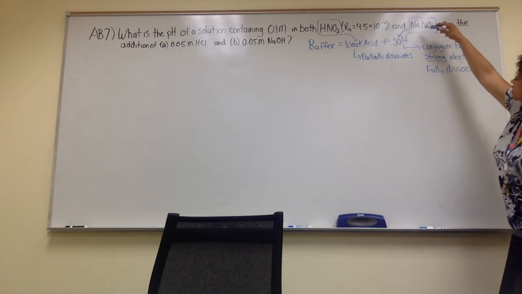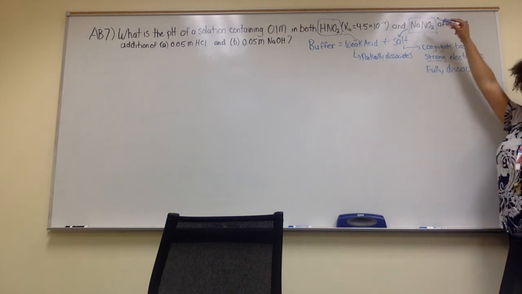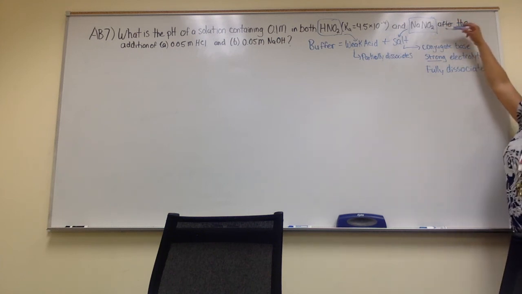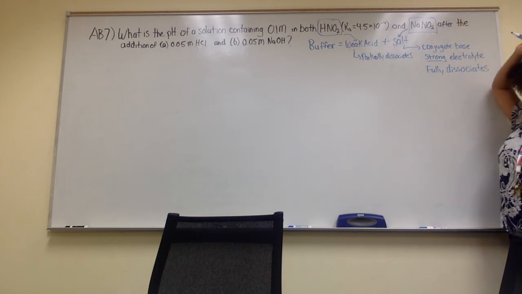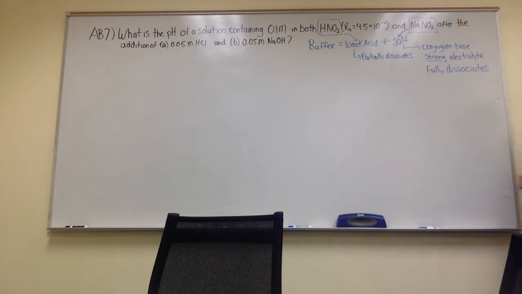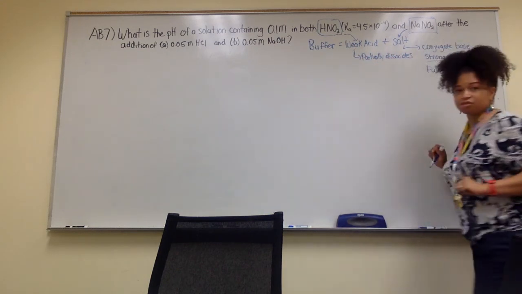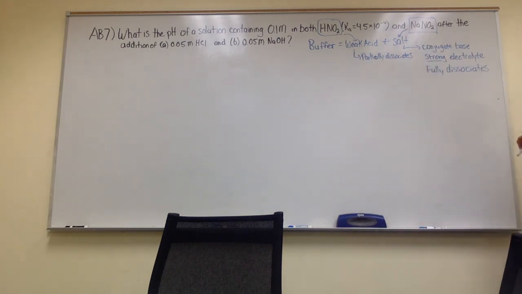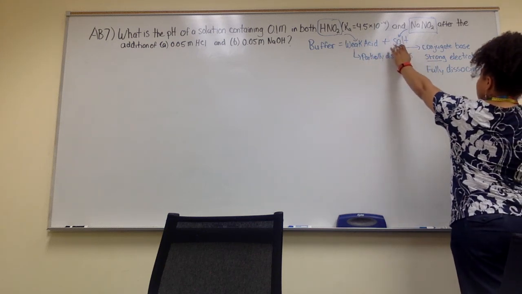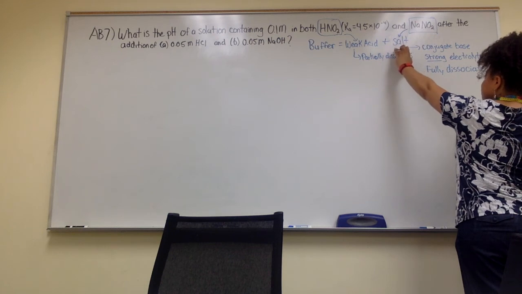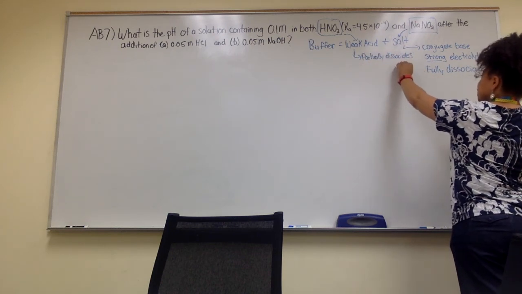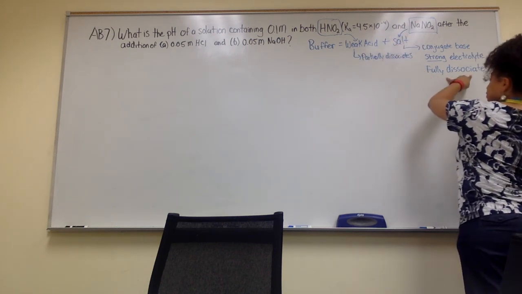The salt has an alkali metal as the cation, and then it has NO2 as the anion. So we have the same anion. That's also important when we talk about buffers, okay? Same anion, one of them is a weak acid, the other one is a salt, which eventually forms a conjugate base. The weak acid partially dissociates, the salt fully dissociates.